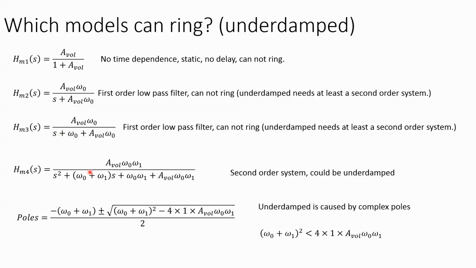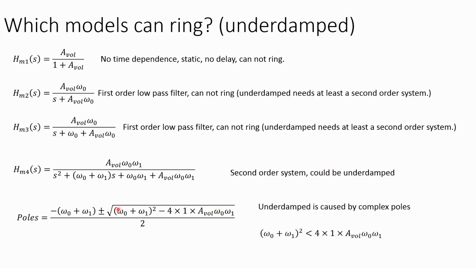Now, the fourth, well, let's manipulate this a little bit. And we have a second order. We have 1 times s squared over omega naught plus omega 1 times s plus a constant. So it could be underdamped. How would we know? Well, let's just calculate the poles, which is really just what's going on here.